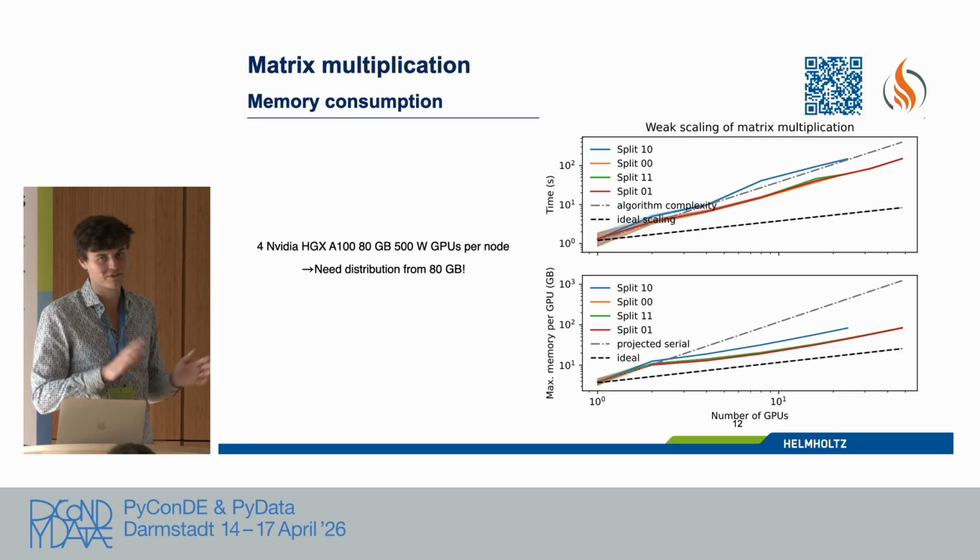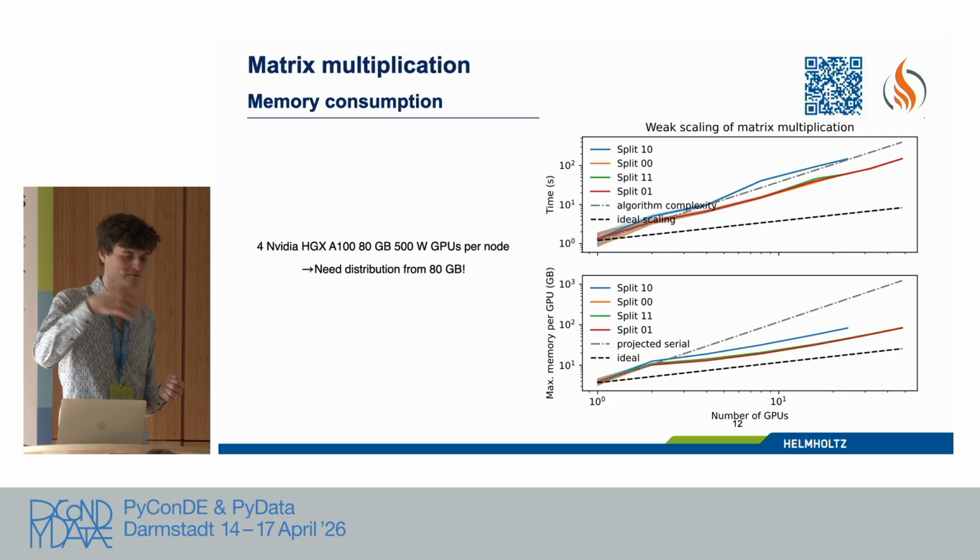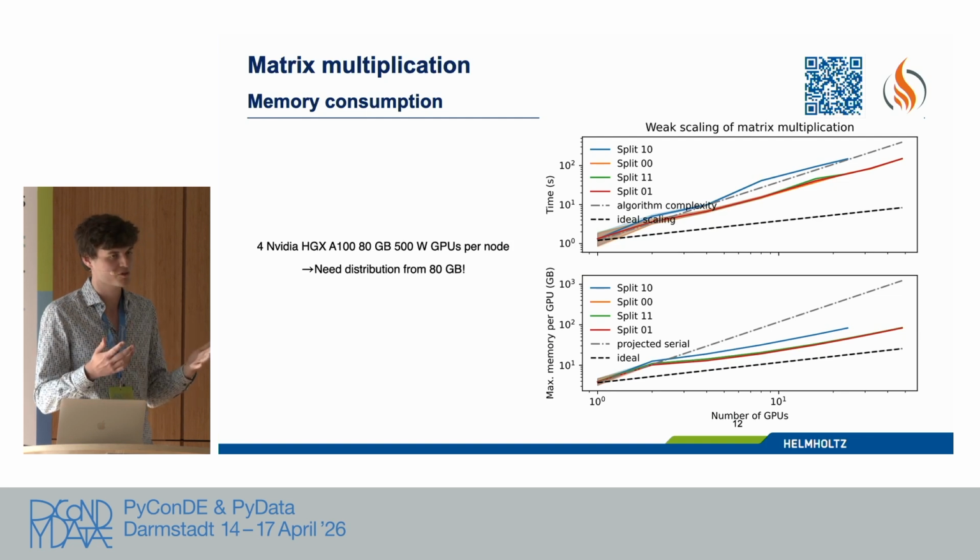And then the sort of ideal memory consumption is the dashed line. And now going from single GPU to multi-GPU, we need a lot more memory on each GPU, because we do the communication, and then we have some additional data from other tasks now on the GPU. But once we are multi-GPU, it scales pretty well. And this allows us to fit a lot larger matrices.